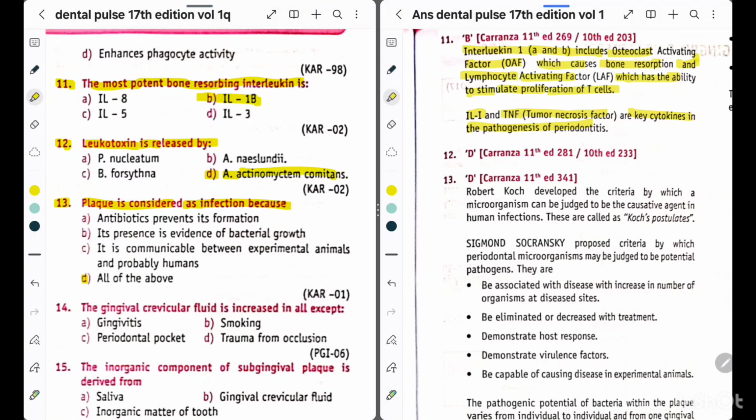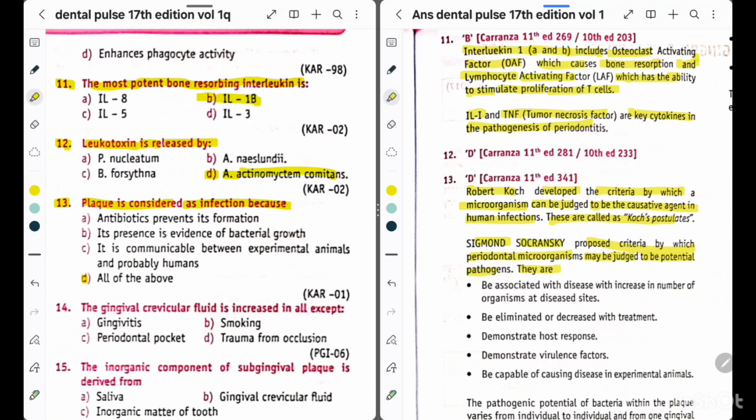Explanation: Robert Koch developed the criteria by which a microorganism can be judged to be the causative agent in human infections. These are called Koch's postulates. Sigmund Socransky proposed criteria by which periodontal microorganisms may be judged to be potential pathogens.